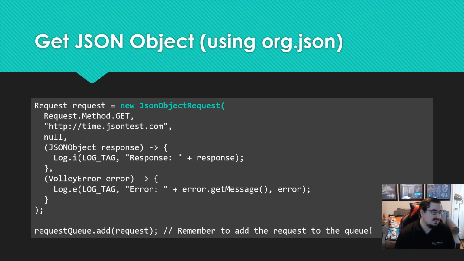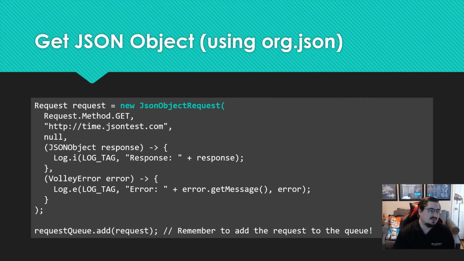Similar to this, there is a JSON array request. So there's a JSON object request and a JSON array request. They're very similar. The difference is what data they're expecting to get back. Remember, as I mentioned with the string request, the name of that object is really about what you're expecting to be the response, not what you're sending, right?